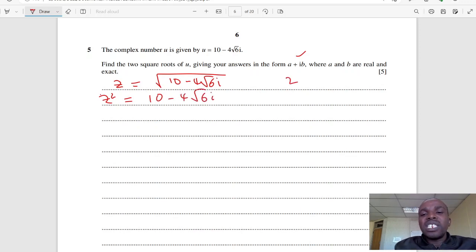Then our complex number z is represented by x plus yi, or x plus iy, whichever way. So you can substitute x plus yi, then squared is 10 minus 4 root 6 i.